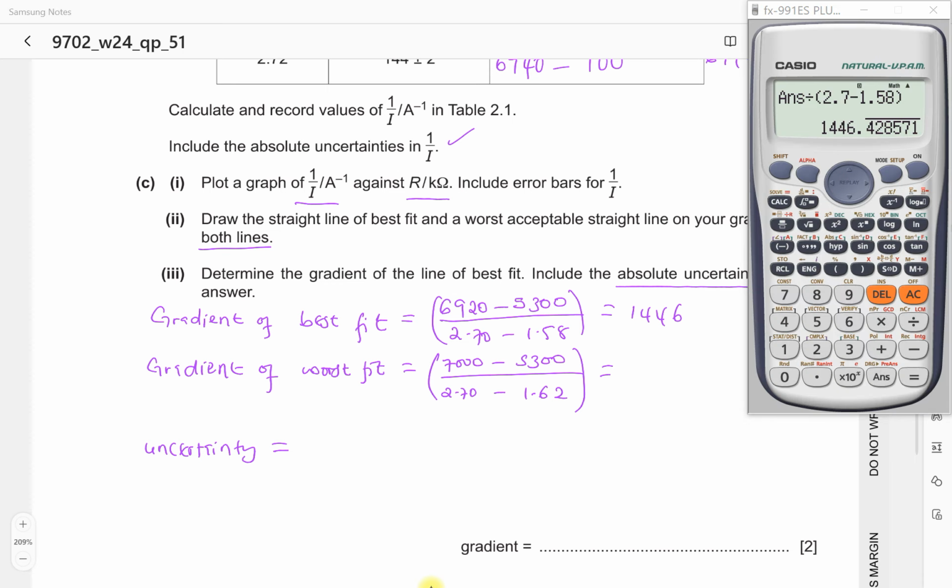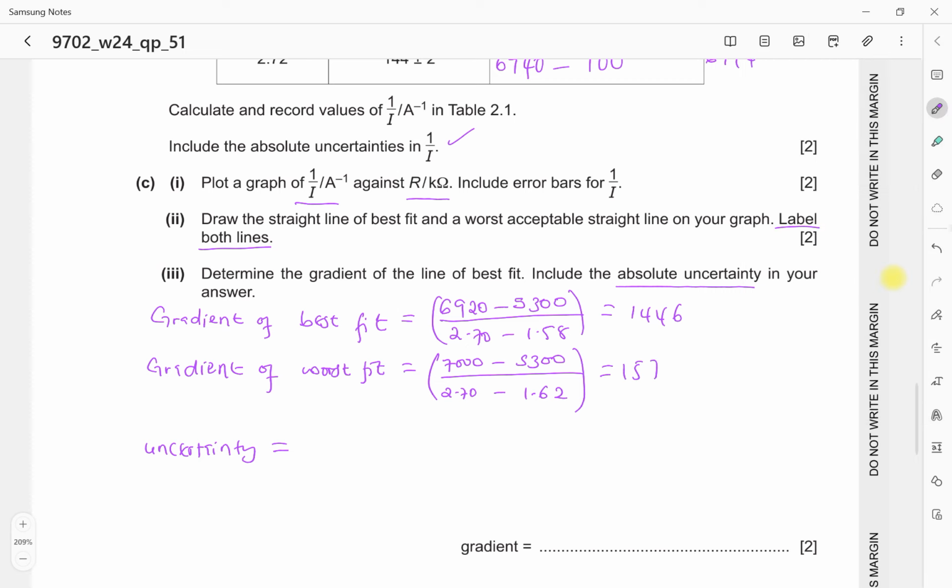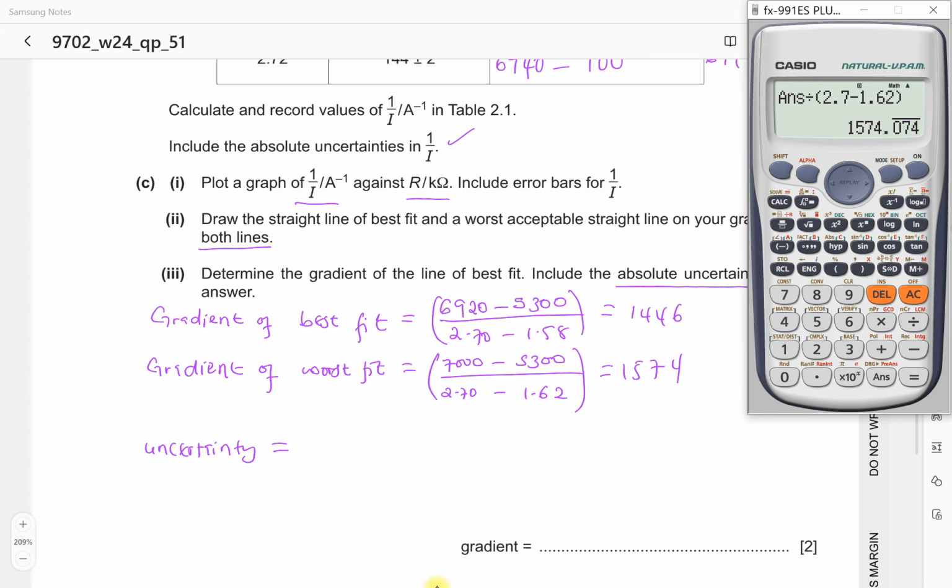Then the second one is 7,000 minus 5,300 divided by 2.7 minus 1.62. So this is 1574. Of course, the gradient of the second line must be bigger because the worst fit was steeper.